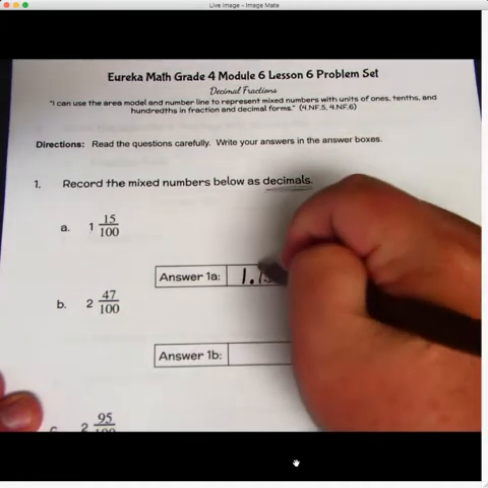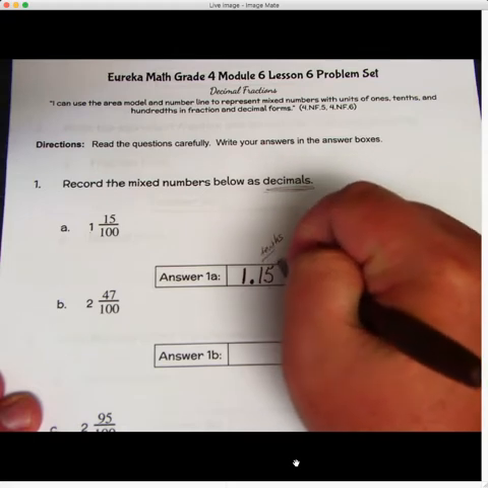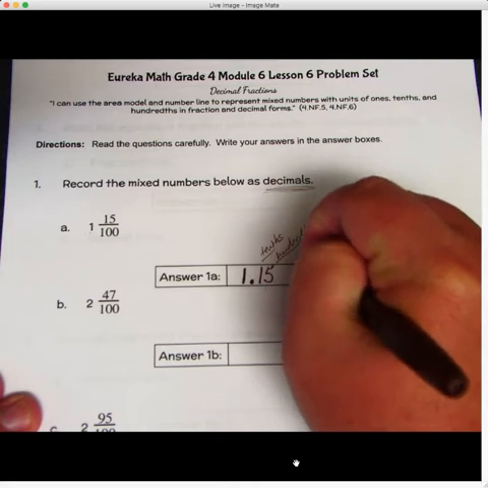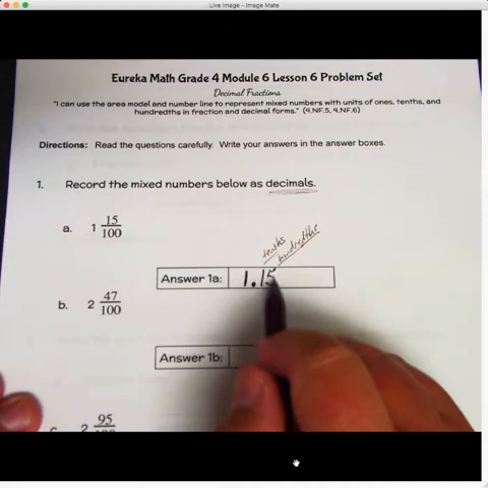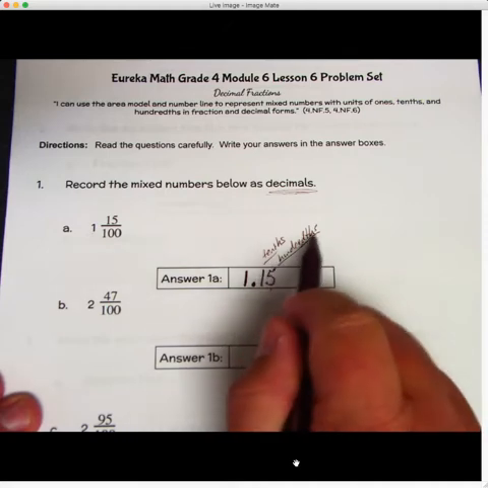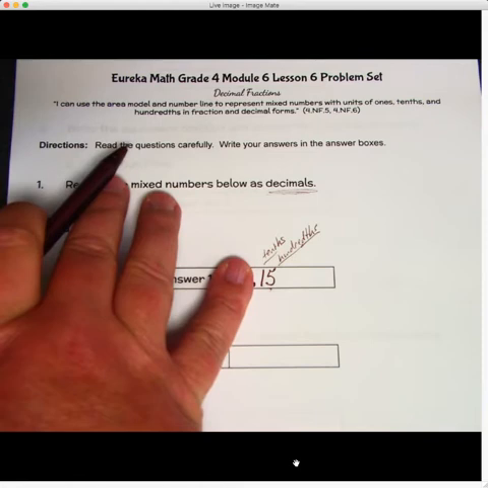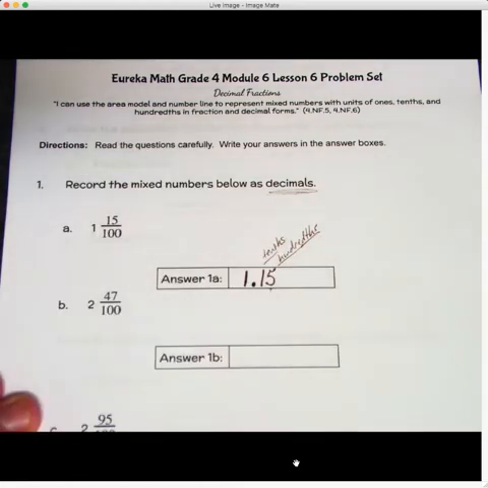Just a reminder, you've got the ones place, then the tenths, and the hundredths place. Okay, so tenths and hundredths. When you have a decimal, and it's not a zero in the hundredths place, then we read this as 15 hundredths. We don't say 1 tenth, 5 hundredths. We say 15, just like we would if we just saw that number by itself. We would say 15 hundredths. So that's what all these are going to look like.